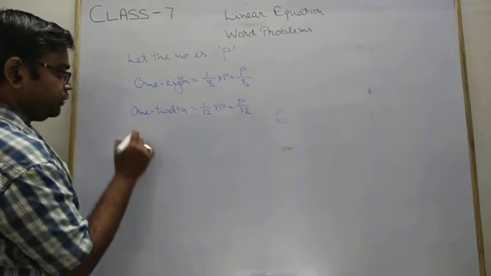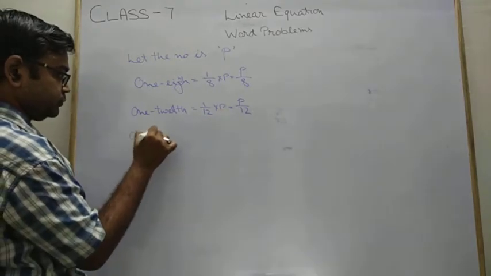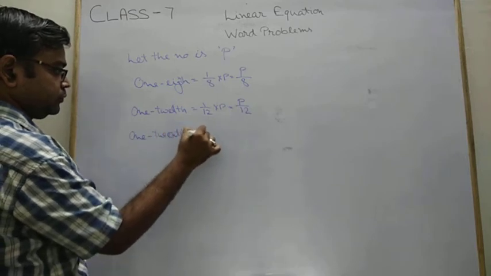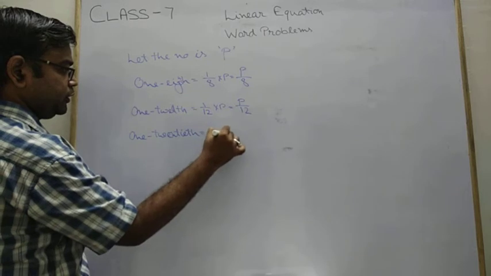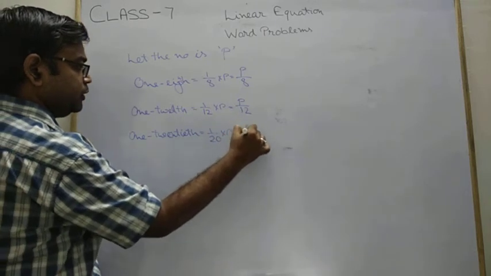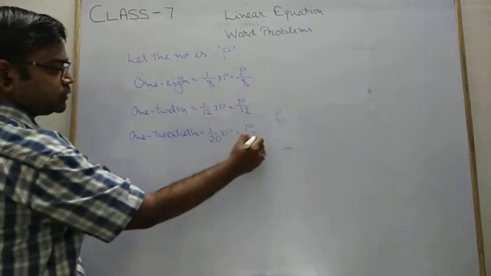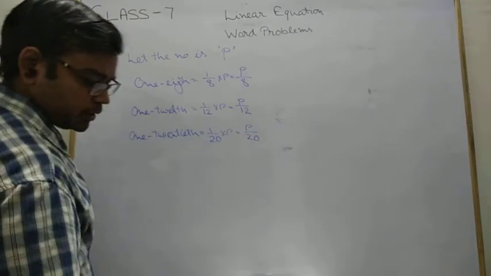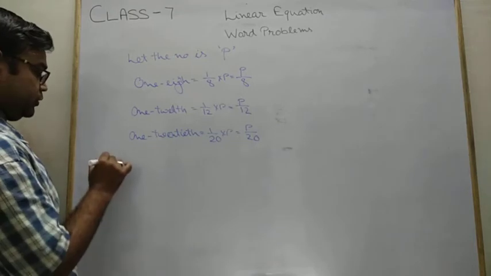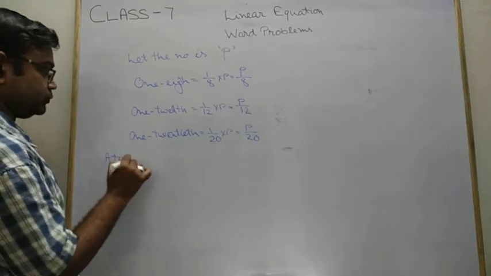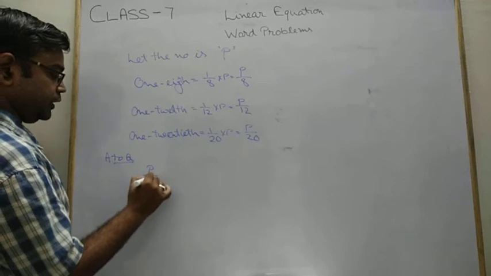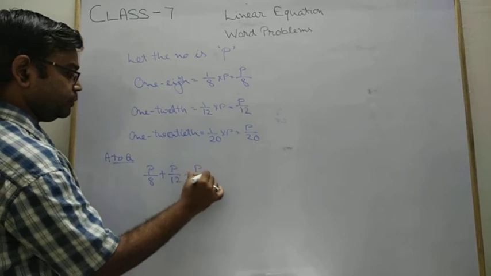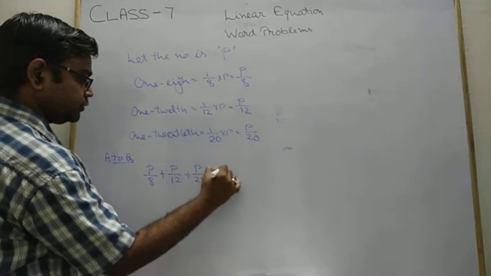Then next one is 1/20th, 1/20 into p equals p upon 20, and the sum of these numbers is 31. So according to the question, p upon 8 plus p upon 12 plus p upon 20 equals 31.